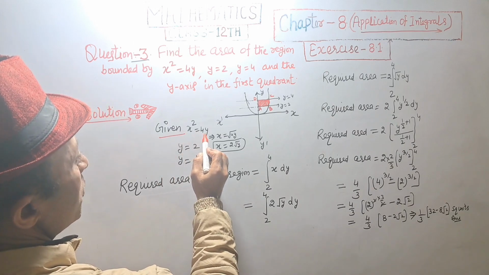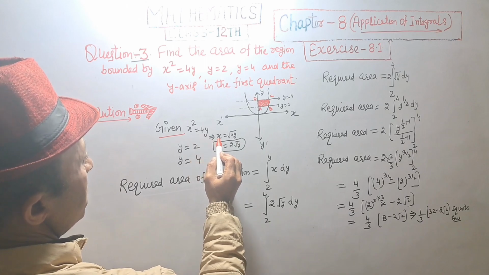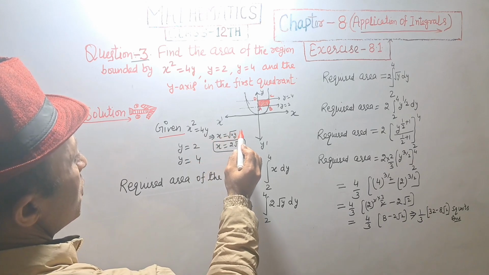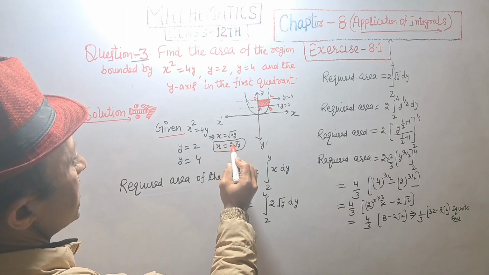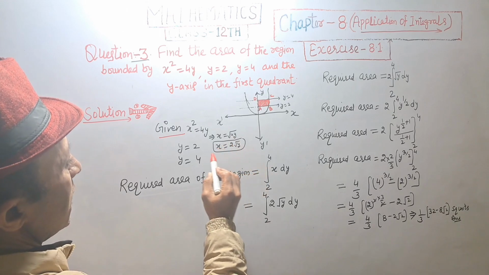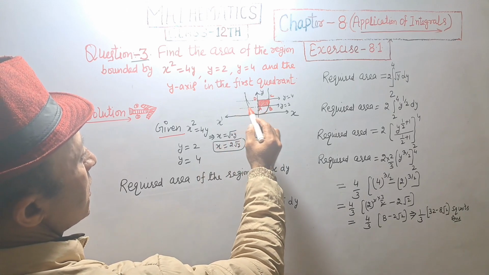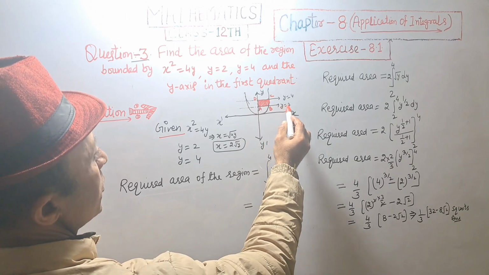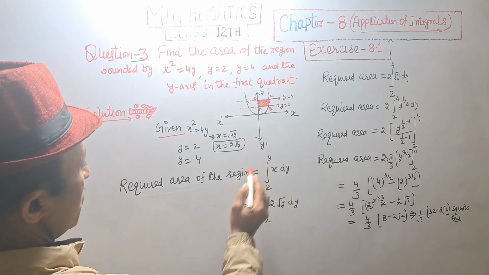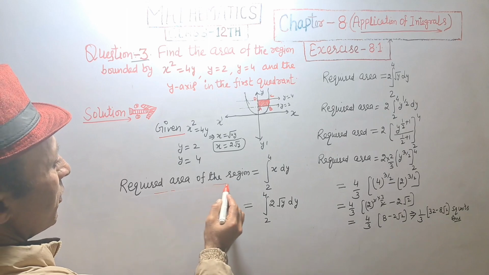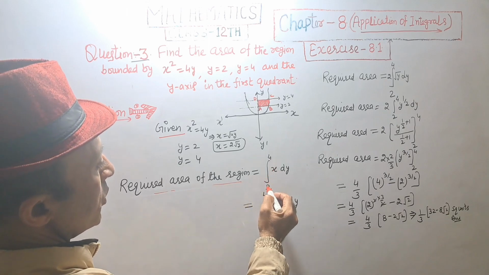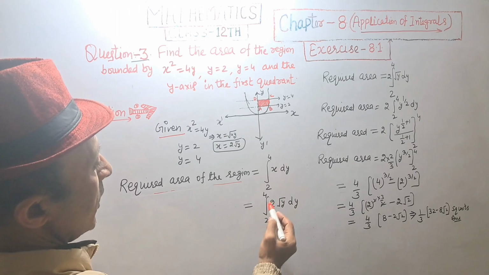Given x square is equal to 4y, which implies x is equal to root 4y and x is equal to 2 root y, and limit is y is equal to 2 to y is equal to 4. So required area of the region is equal to integral 2 to 4 of x dy.